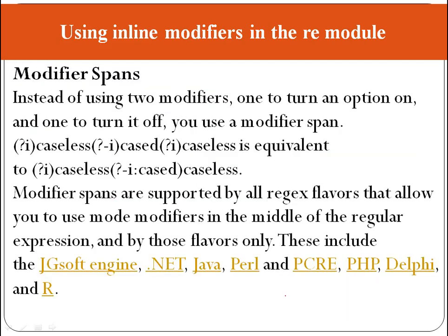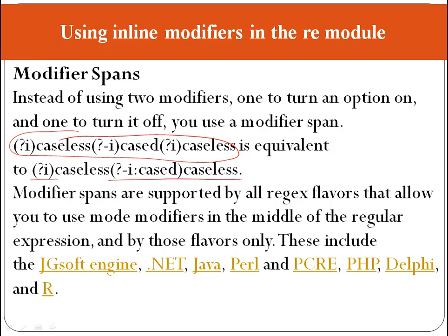Modifier spans. Instead of using two modifiers, one to turn an option on and one to turn it off, like we have seen i and minus i, you use a modifier span. We have used this in the earlier example, so we can write it like this as well, right?